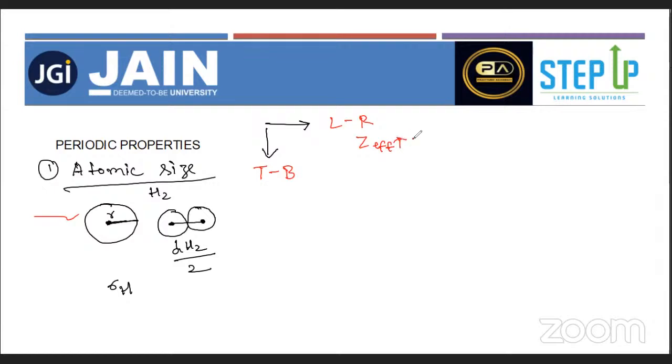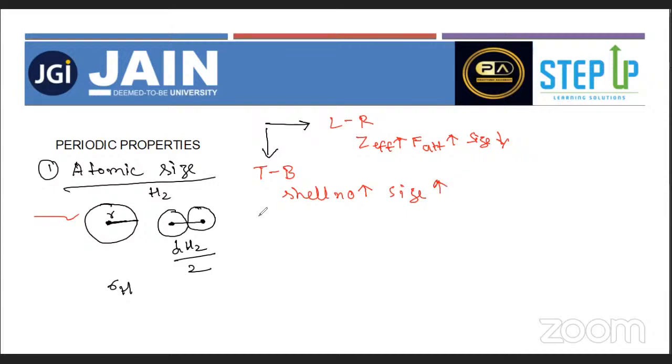Because of this, the force of attraction between the positively charged nucleus and the electron increases, which leads to a decrease in the size of the atom. But when I'm moving from top to bottom, the shell number increases. There is an addition of shells, because of which size increases. So these are the 2 things. Definition is done. This is the normal, general trend.